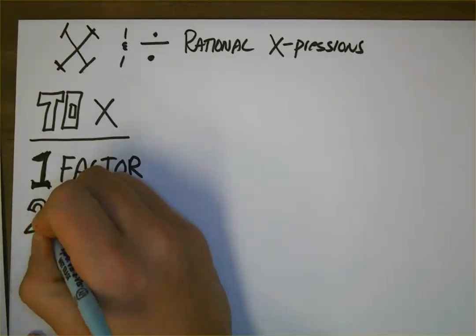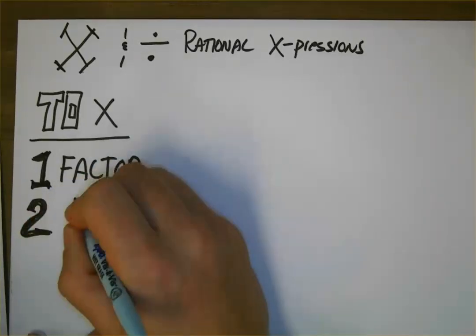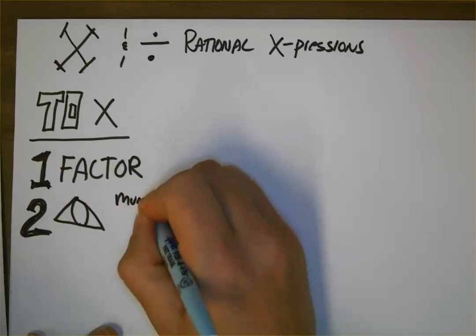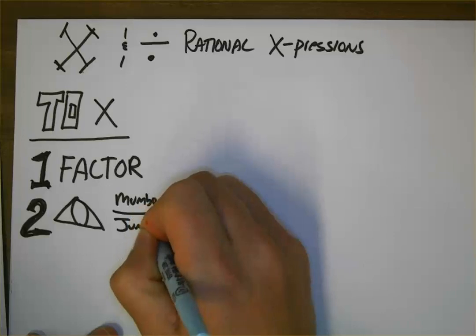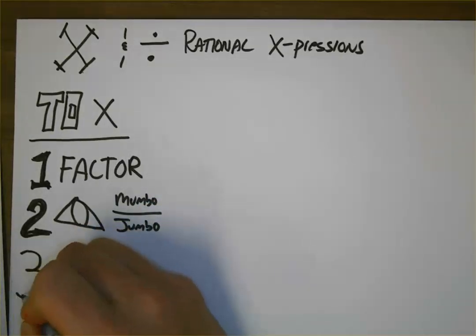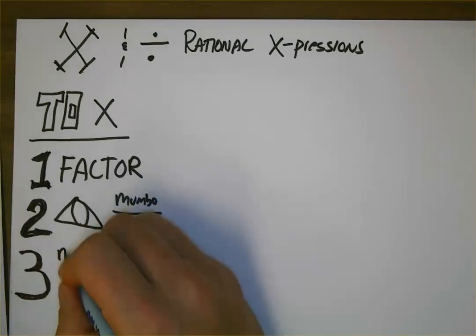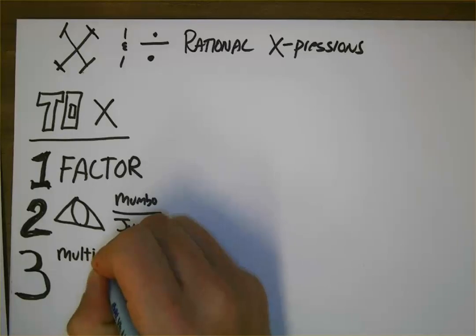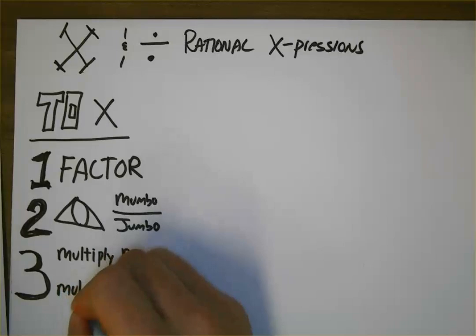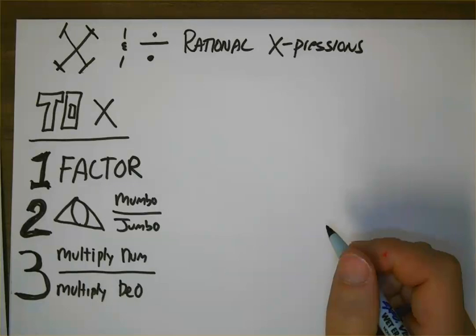Number two, look for mumbo jumbo. Number three, multiply the numerators, multiply the denominators.